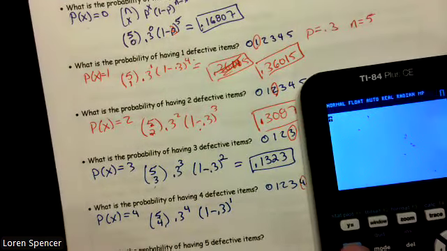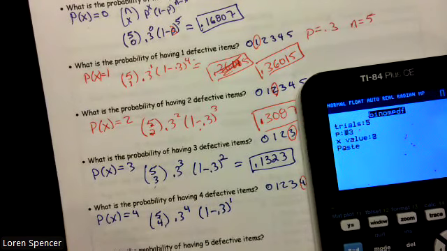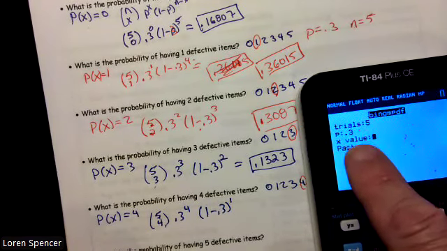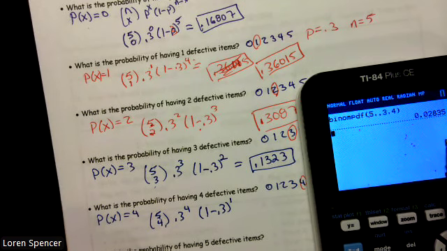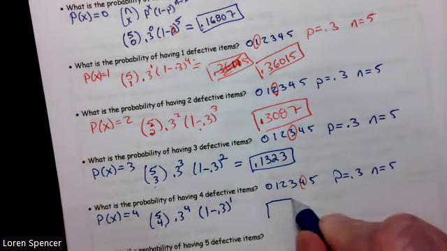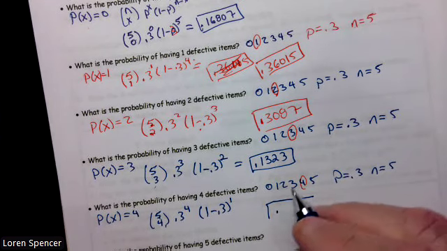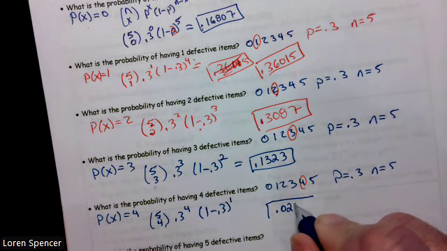So second vars, binomial PDF, trials is 5, probability is 0.3, and our x value is going to have to be changed to 4. And we get 0.02835. So that's the probability of having 4 defective items, 0.02835.